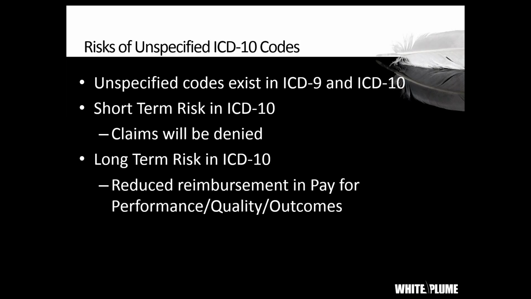In that world, to maintain your reimbursement, you need to use the more specific ICD-10 codes, right? We don't want to use unspecified knee pain. We want to be more specific to show how sick our patients are, so that you can show how excellent the care your providers are delivering and maintain your reimbursement.